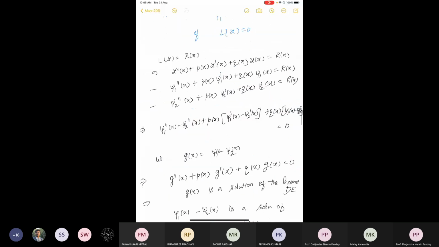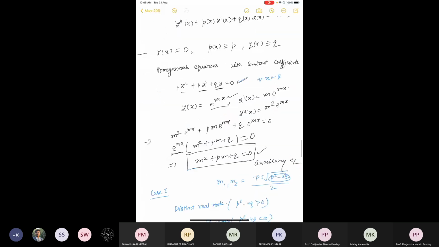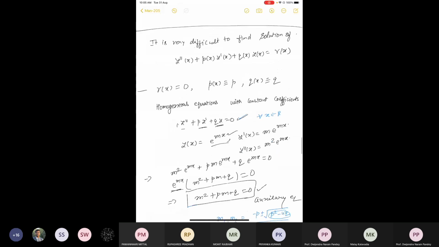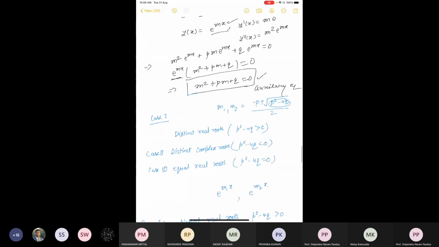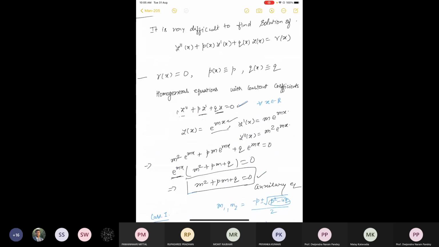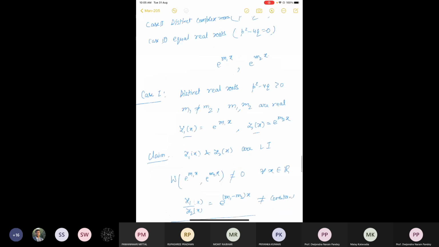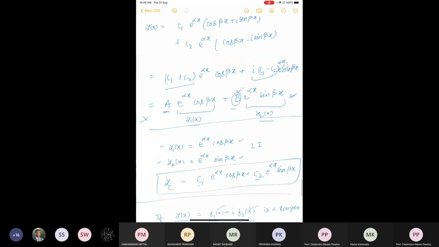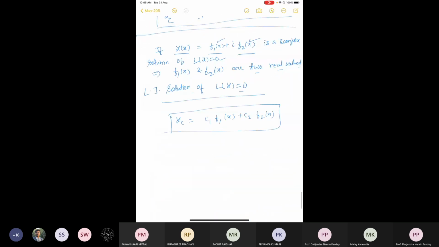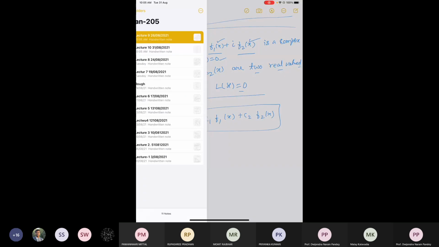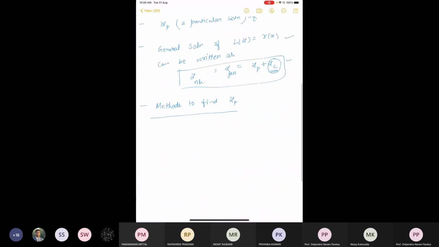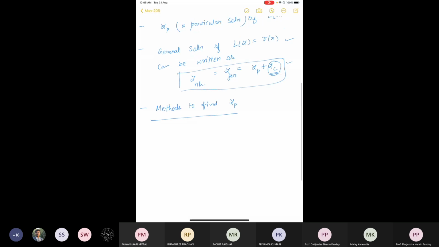The proof is also done. Okay, so here we actually try to find out Yc. So we are still on how to find Yc. I think the method to find Yc is still going on.